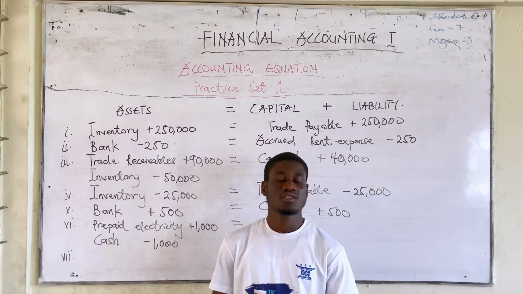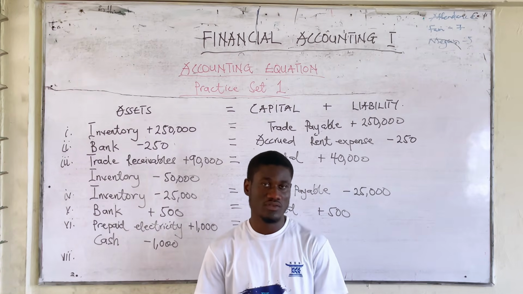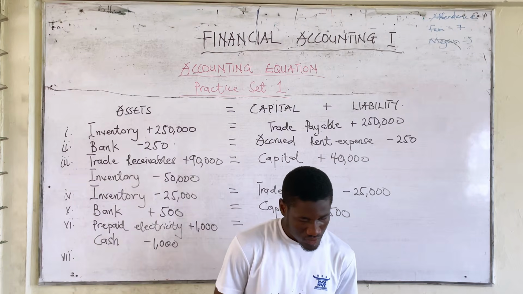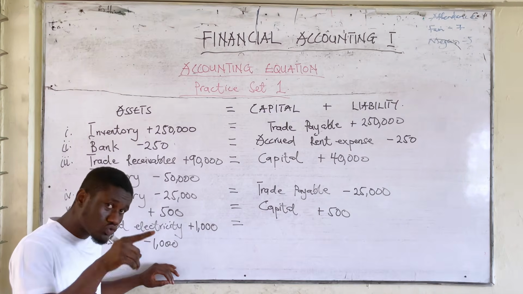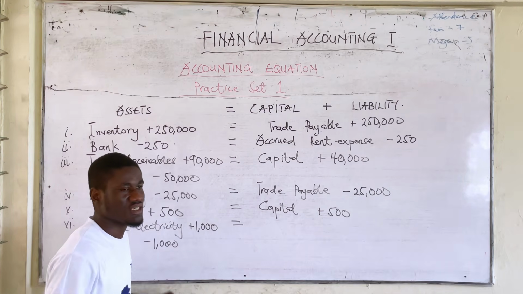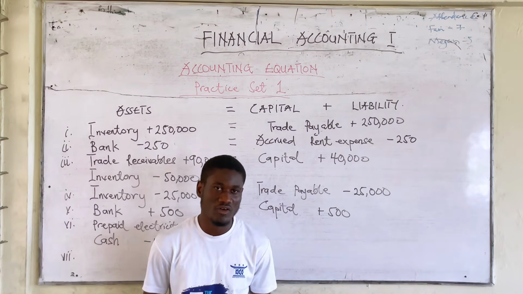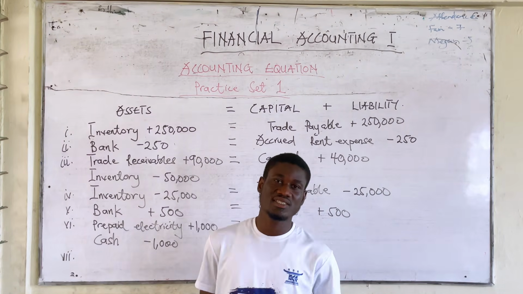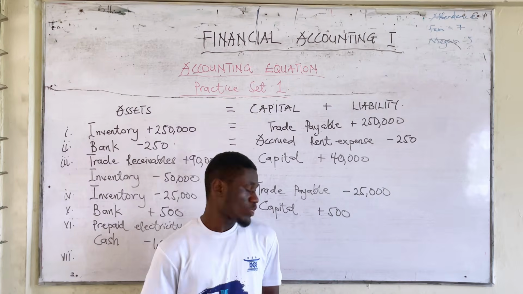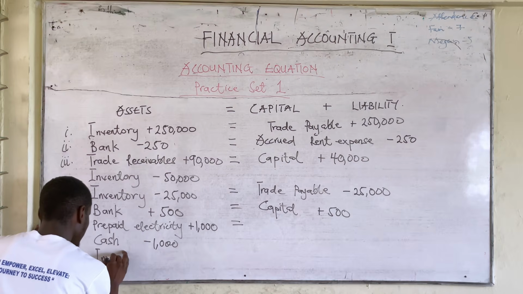So now here specifically it is goods drawing, because he took goods out of the business to a friend as a birthday gift. So the accounts involved here are goods, that is inventory, and drawings. You have to know the term involved here. The owner took goods, therefore drawings has happened here. And what did we take? The inventory, which is an asset.